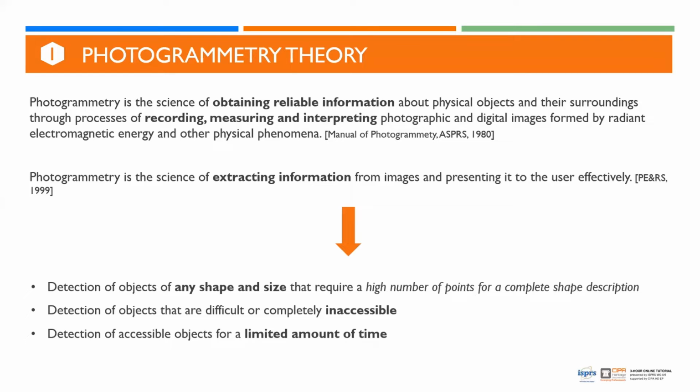So from photogrammetry, what we are able to do is to detect any kind of objects with any shape and size. The other important thing is that we are able to survey objects that are difficult or completely inaccessible. If you just think about the survey with drones, you can go wherever you want and also survey, of course, parts that are not possible to be accessed otherwise.